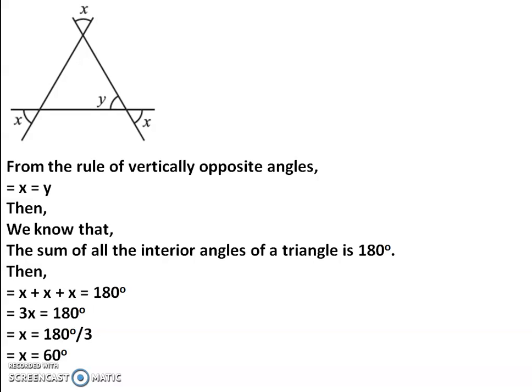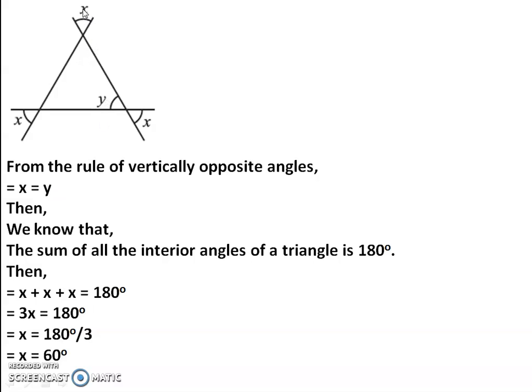Can anyone remember that? Vertically opposite angles are always equal. That is the very important property of vertically opposite angles. So I can write x is equal to y.